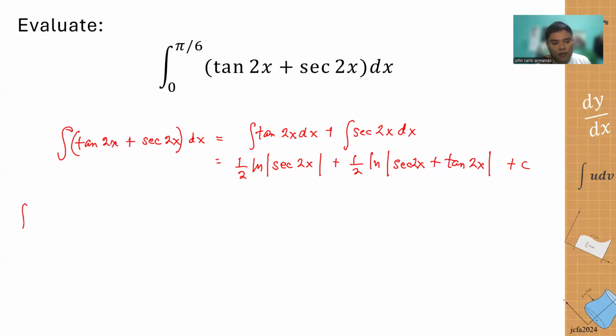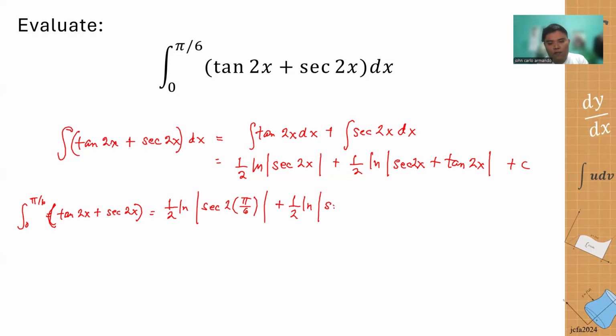So therefore, the integral from 0 to pi over 6 of tangent 2x plus secant 2x is equal to 1/2 ln absolute value of secant 2 times pi over 6 plus 1/2 ln absolute value of secant 2 times pi over 6 plus tangent 2 times pi over 6.